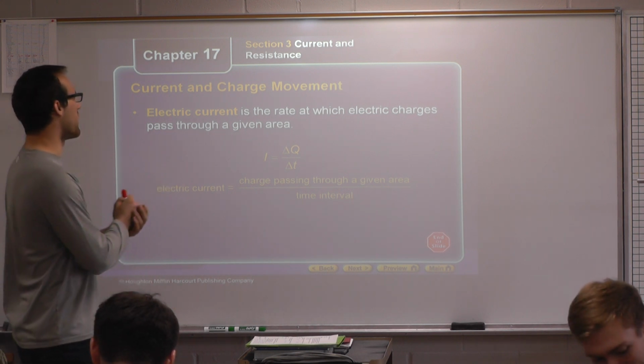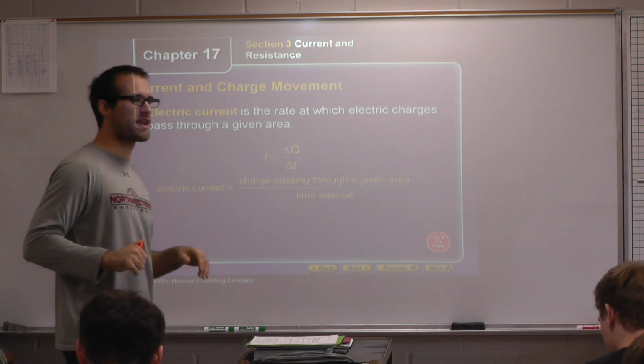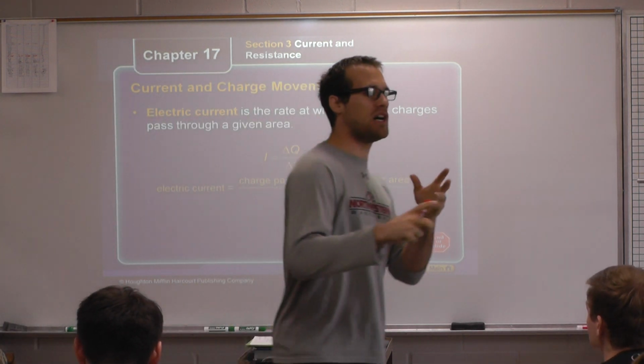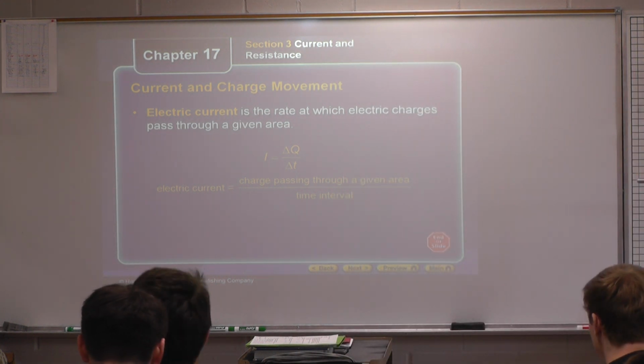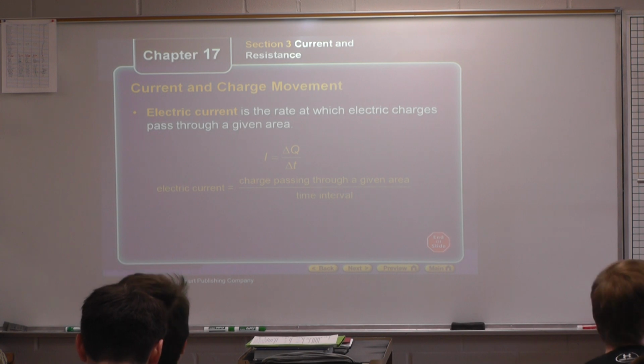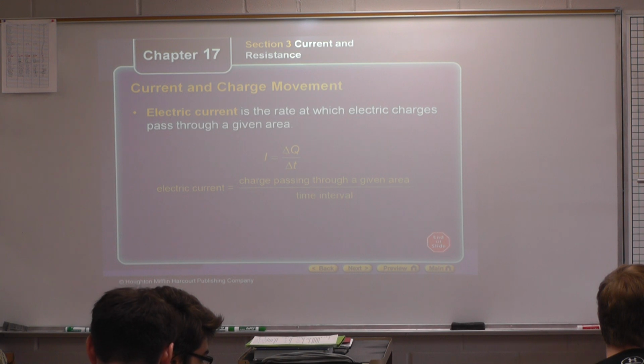All right, electrical current. Okay, so current is the rate at which electrical charges pass through a given area. If electrical charges are moving really quickly through an area, it has high current. If charged particles are moving slowly, you have less current. If you have more charged particles moving through an area quicker, you're probably going to be doing more work.